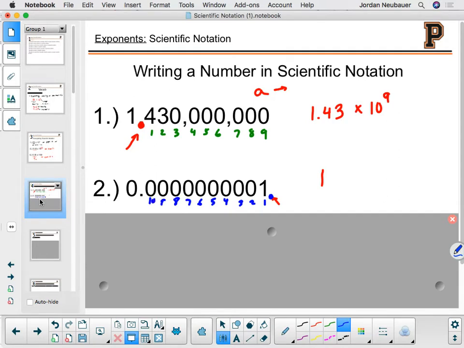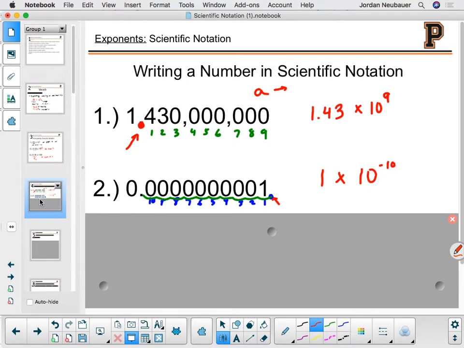Actually, we'll just call this 10 spots back. Let me just make sure on this one. Sometimes I confuse myself. Sometimes I do the swoops too. The swoops can help. 1, 2, 3, 4, 5, 6, 7, 8, 9, and 10. This would be to the 10th power. And since it's a really, really, really small number, I'm going to use a negative 10th power. Okay, this is 1 times 10 to the negative 10th.